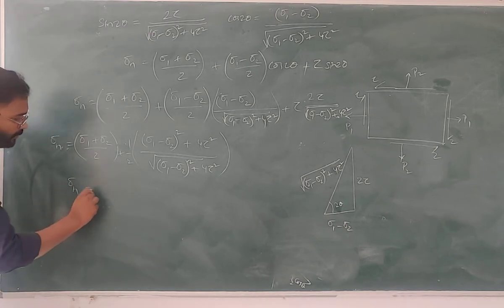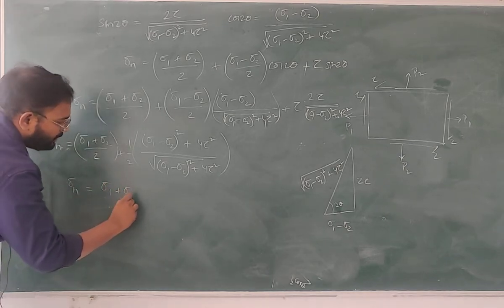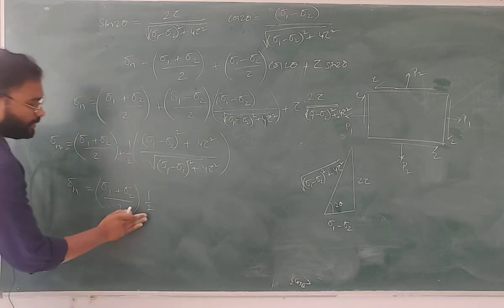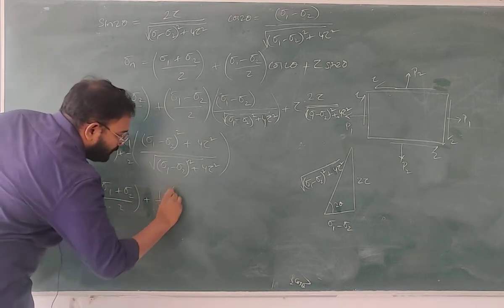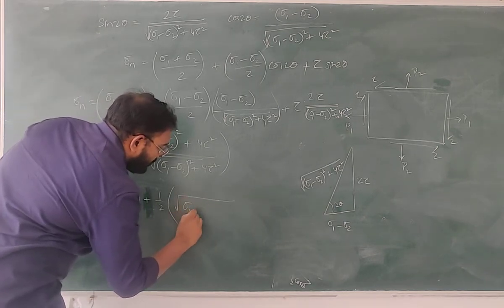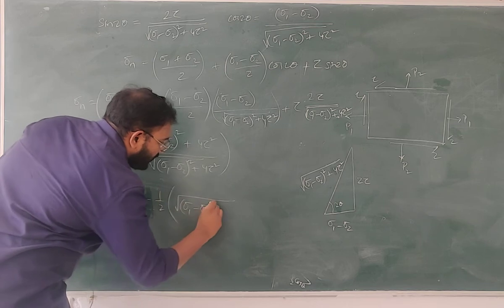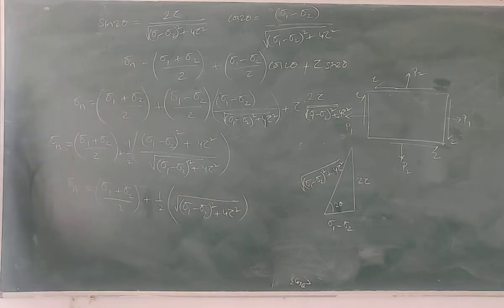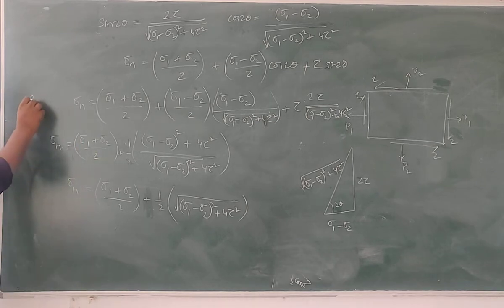Sigma n is equal to sigma 1 plus sigma 2 by 2, plus 1 by 2 into under root of (sigma 1 minus sigma 2) square plus 4 tau square. This is similar to the form x by root x, or 2 by root 2.